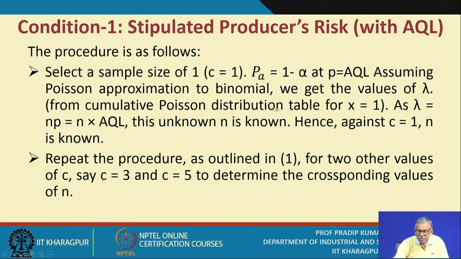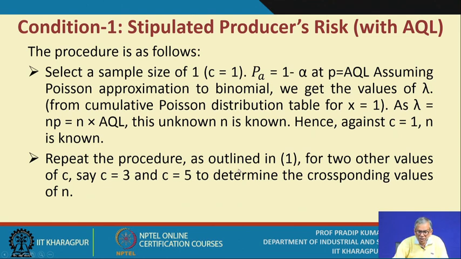From the cumulative Poisson distribution table for x equals 1, because C is 1, that means x is equal to 1 if you refer to the cumulative Poisson distribution table. As lambda equals np equals n into AQL, this unknown n will be known. Okay. Hence, again C equals 1, n is known. The value of n will be specified.